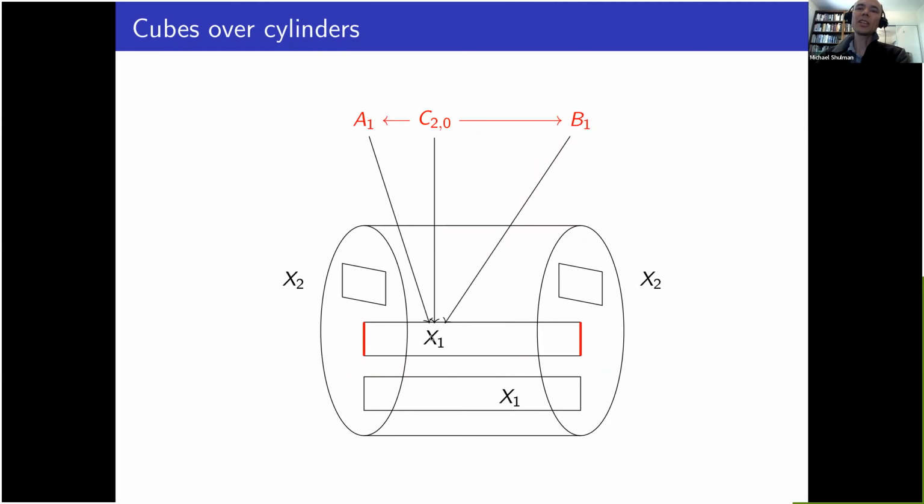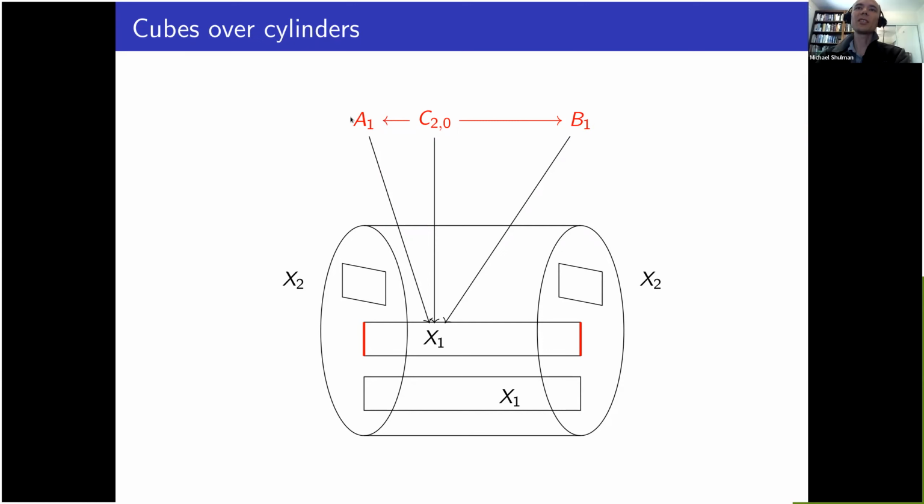In particular, we've got the boundary maps that map X1 to an X0 on one side, that map X1 in the cylinder to an X1 over on the side here, regarded as a one-dimensional thing. And that gives us a map from this C20 to A1 on one side and B1 on the other side.